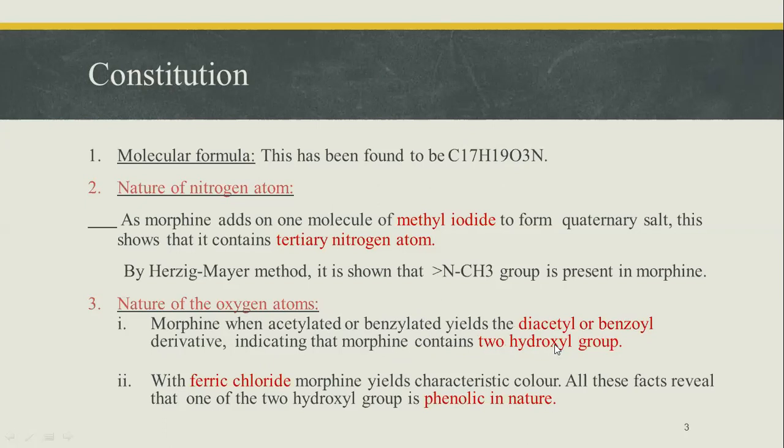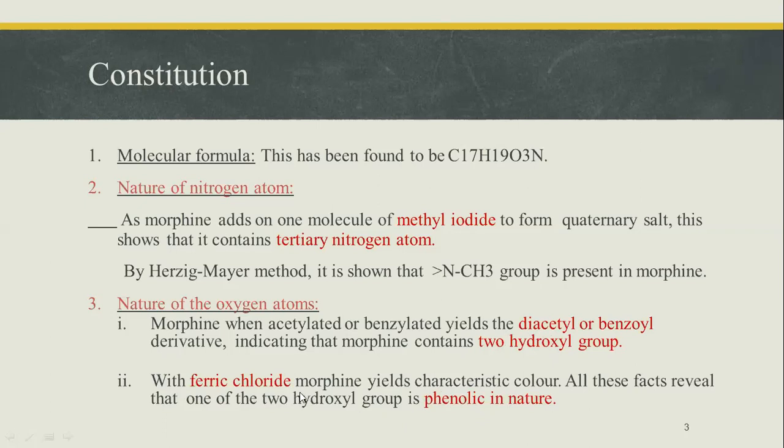As we have discussed in the general methods, after finding out the nature of the oxygen in the form of hydroxy, we have to confirm whether it is in the form of alcohol or phenol. For that, we test it with neutral ferric chloride.